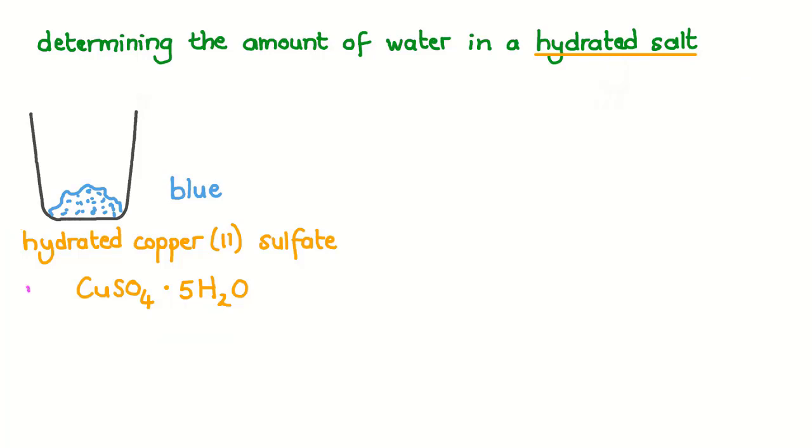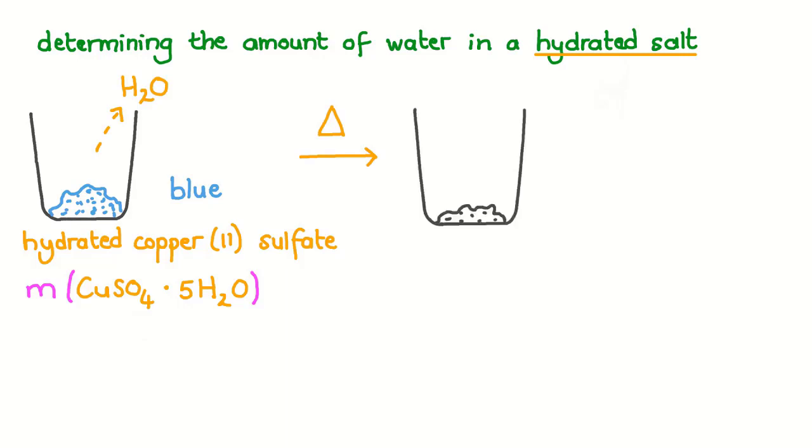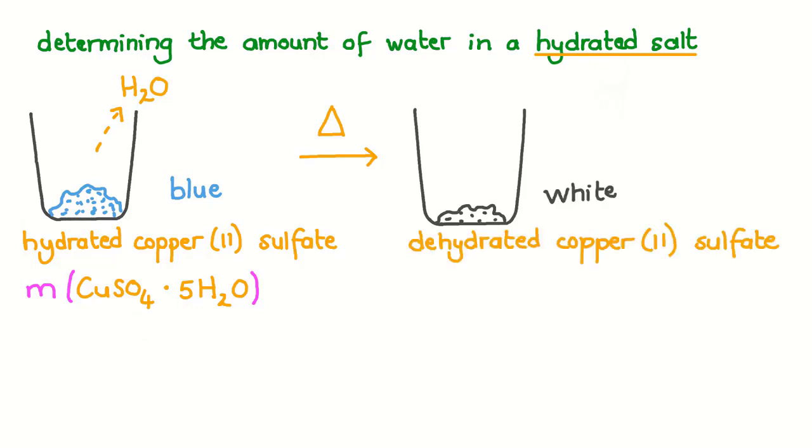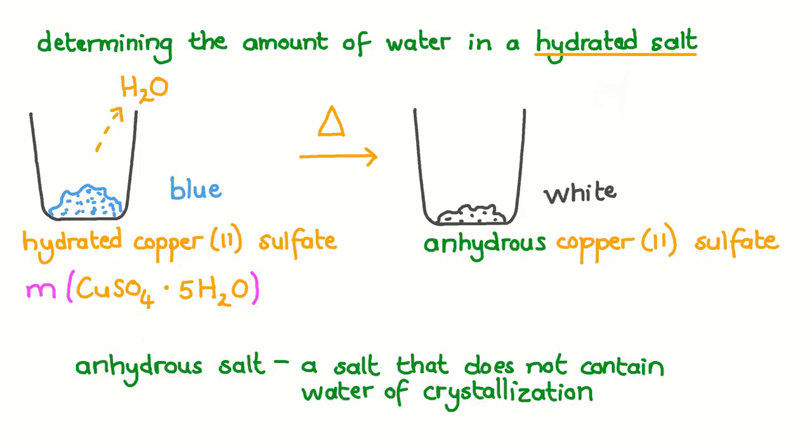If we know the mass of the hydrated salt and we remove the water of crystallization using thermal energy by heating, the water will escape as a vapor, leaving behind a white powder. This is dehydrated copper-2 sulfate, or anhydrous copper-2 sulfate, where anhydrous refers to a salt that does not contain water of crystallization. So anhydrous copper-2 sulfate has the formula CuSO4.